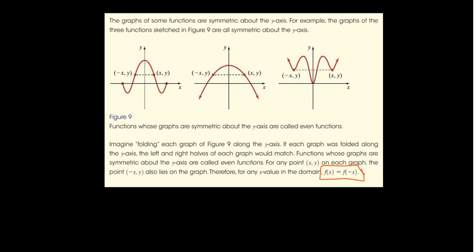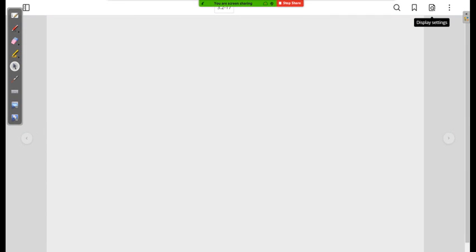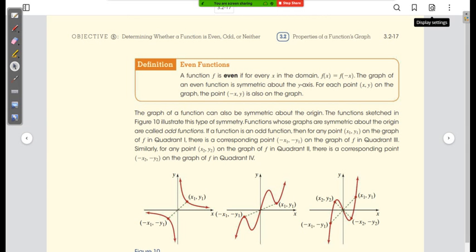Therefore, for any x value in the domain, f of x equals f of negative x. We're going to talk about that in detail towards the end of this section. Oh, it does actually talk about it. Okay, good.